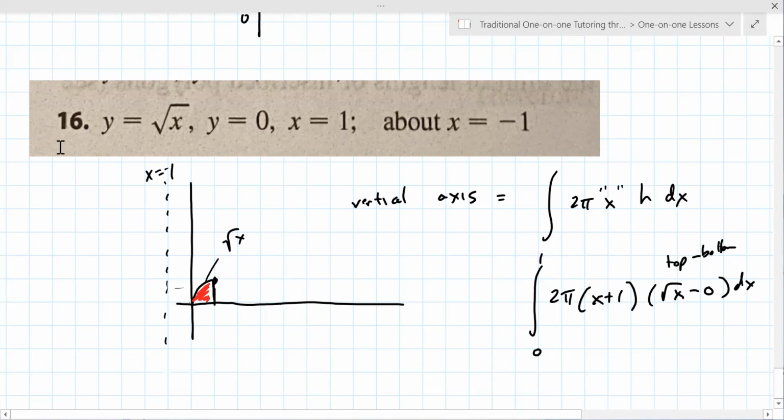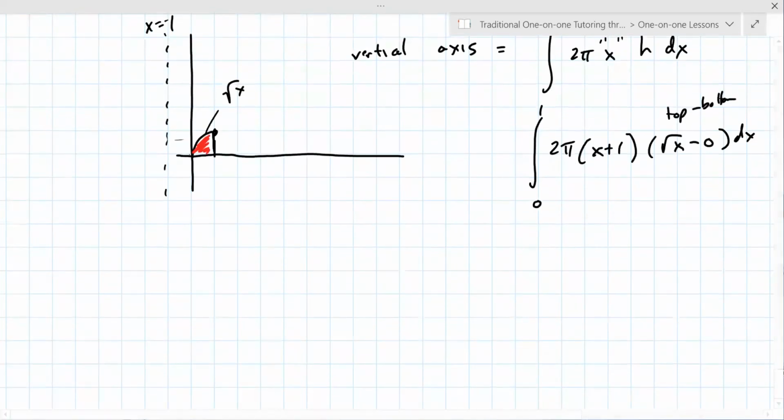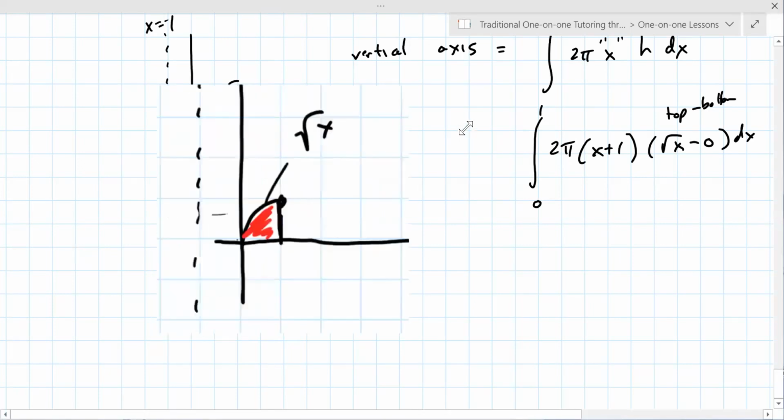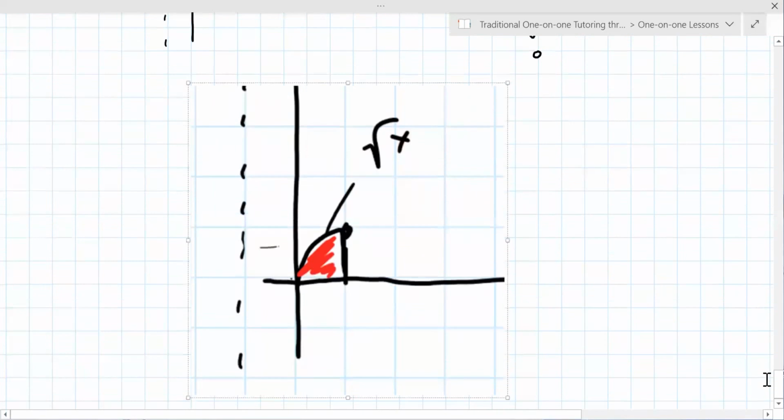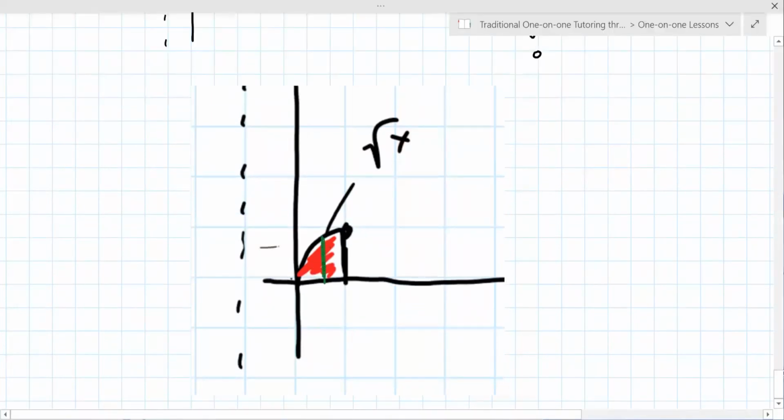Why is it top minus bottom this time? Let me make a bigger picture of this, so you can see it a different way. So the height is this green. That's your height.